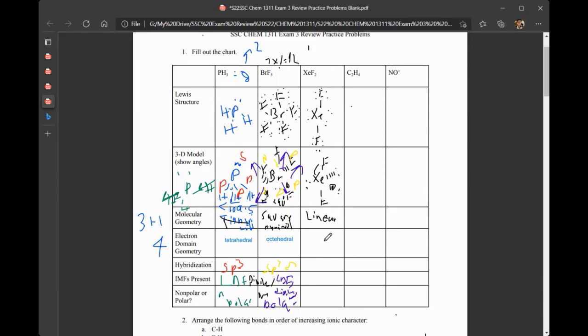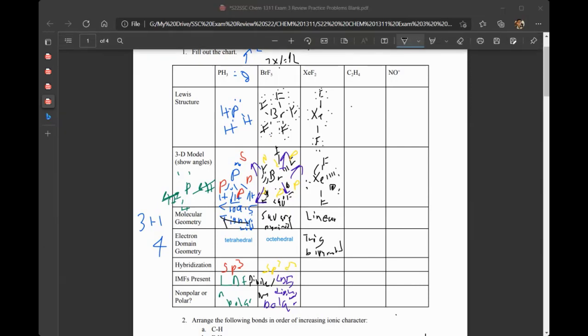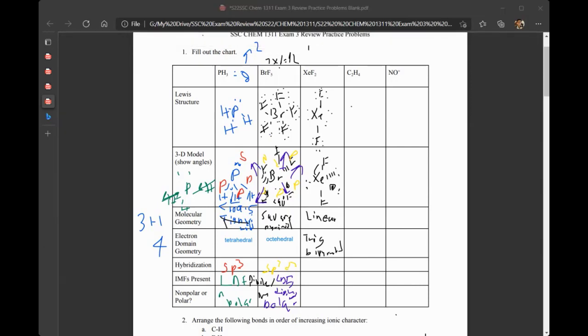And then the electron domain geometry, we just account for the areas of electron density. Since there are 5 areas of electron density, it's going to be trigonal bipyramidal.